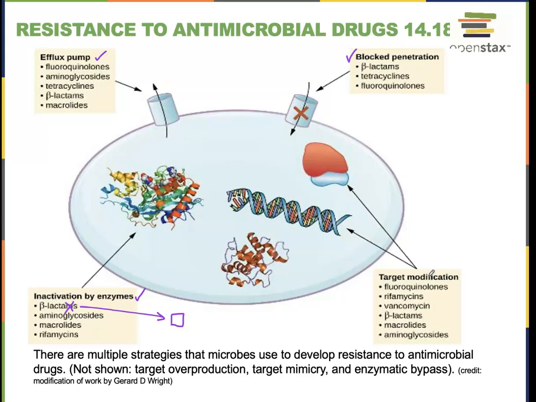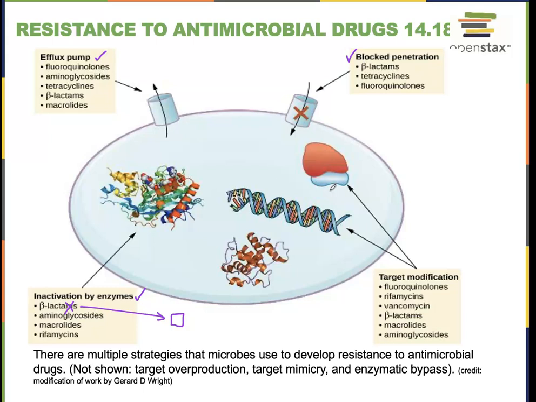What target modification refers to, so this is a good example, is the ribosome. The ribosomes can mutate slightly. Ribosomes are made of proteins, proteins are made of amino acids, which are coded for by bacteria. So just by chance, remember, mutations are not directed.